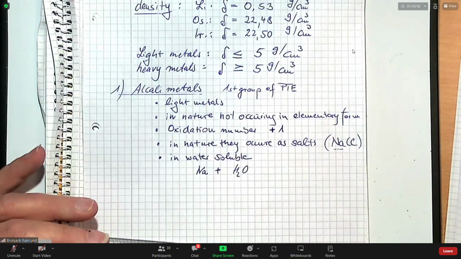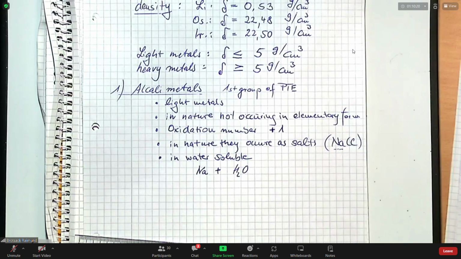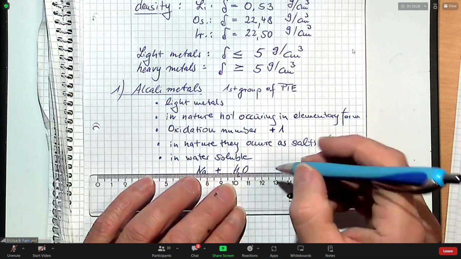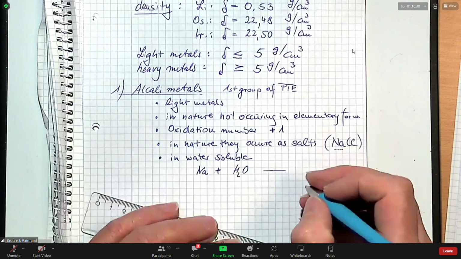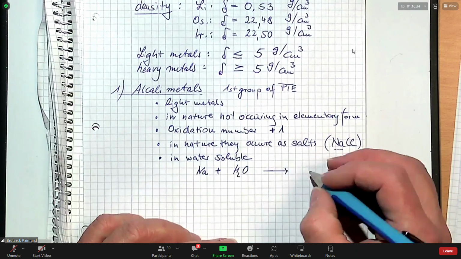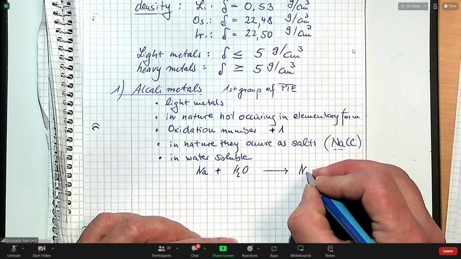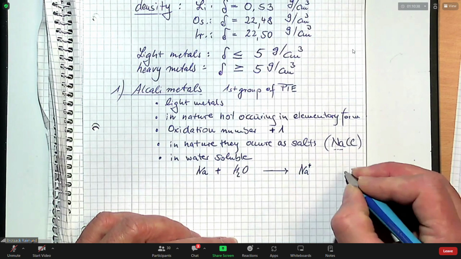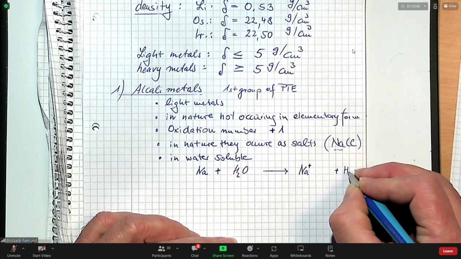What happens? Loud, please. Yes, Na plus and H2 is formed because when you look at the table of redox potential, we have the formation of Na plus and H2.